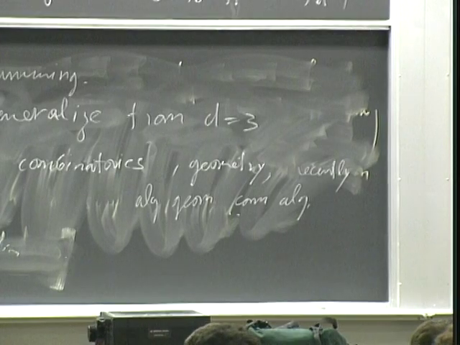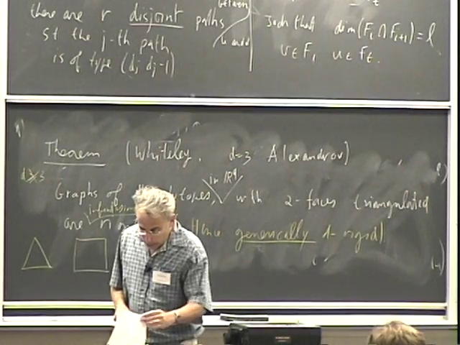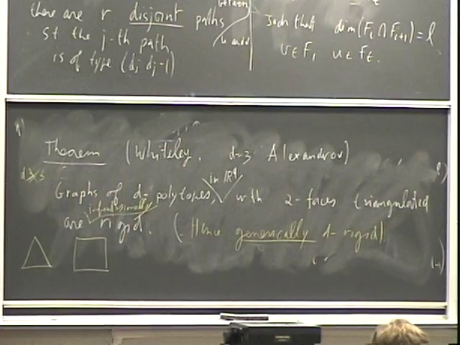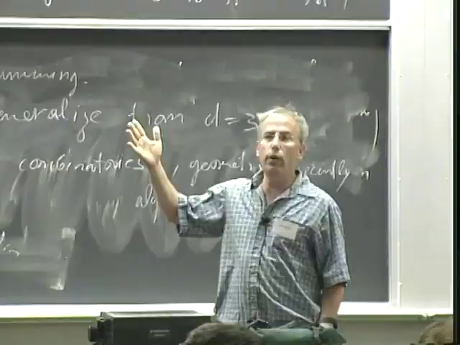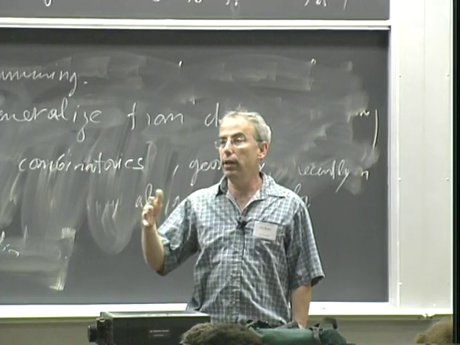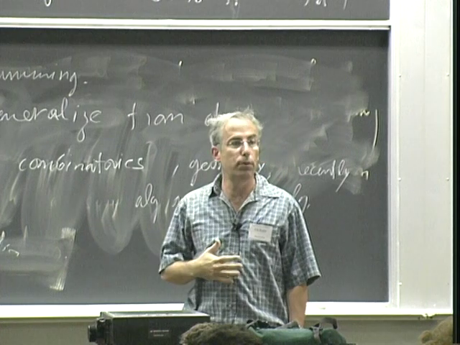Just another thing about connectivity: what is the analog of the fact that the graphs are connected, for higher dimensional skeleta, for the higher dimensional faces of the polytope?